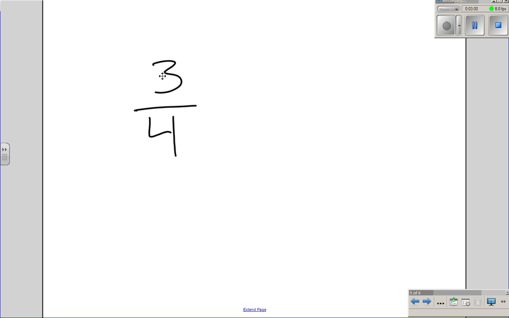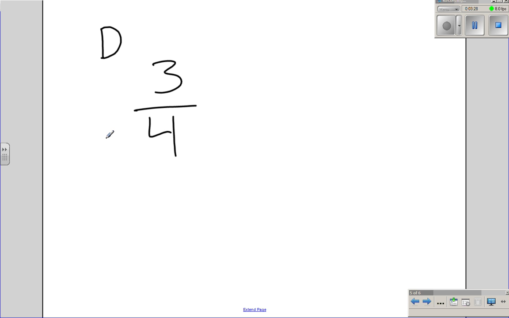Then look up here. Is the numerator bigger than the denominator? No, it's not. So there's no whole number part in this. So I'm going to write a D, because this is only going to have a decimal answer.